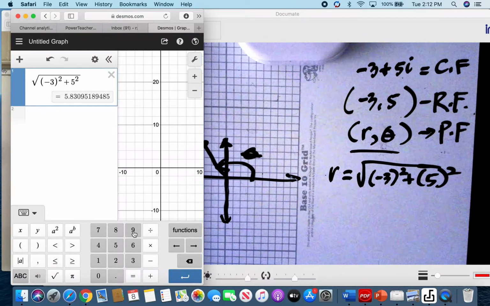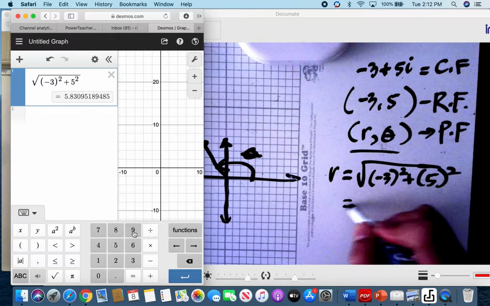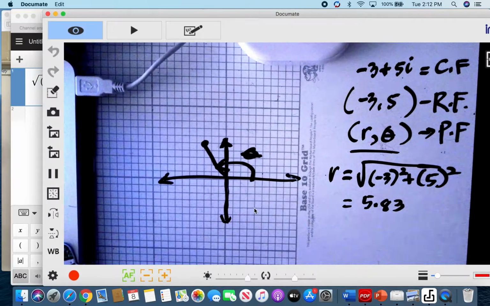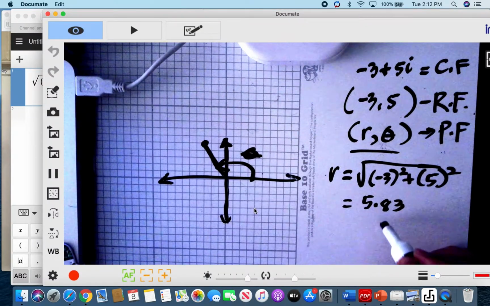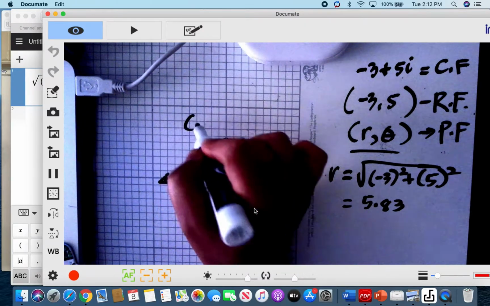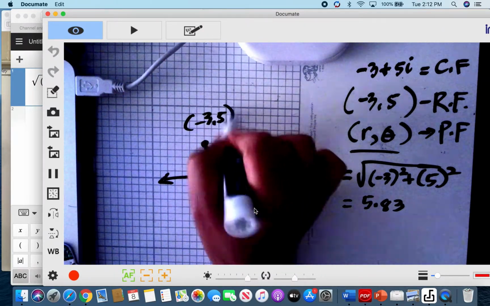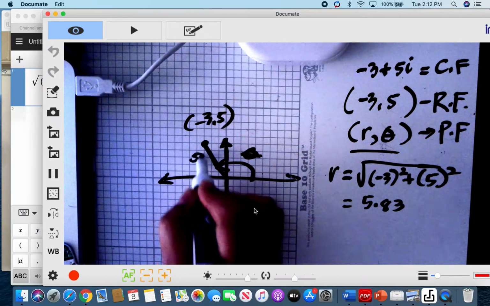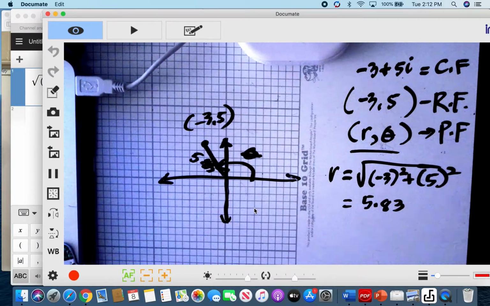And so our magnitude, which is also equivalent to the value of r, is equivalent to 5.83. So the length of this line is 5.83, whose endpoint coordinates are negative 3 and 5.